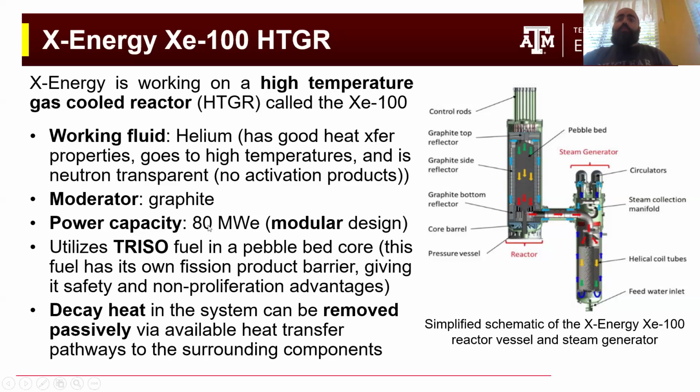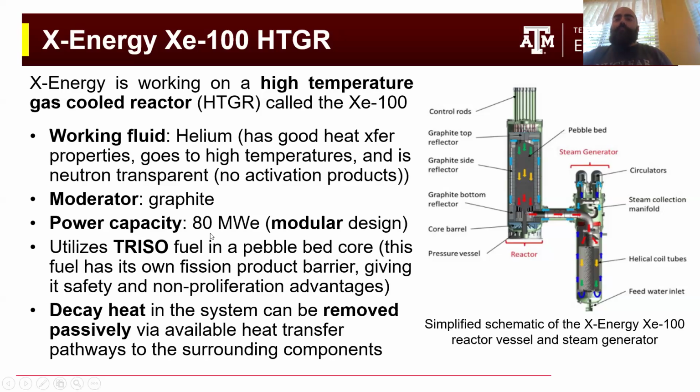And within that TRISO fuel, there are different layers of materials that serve as a containment barrier. And then on the inside, near the center of that core, they have these tiny little pellets of uranium fuel.